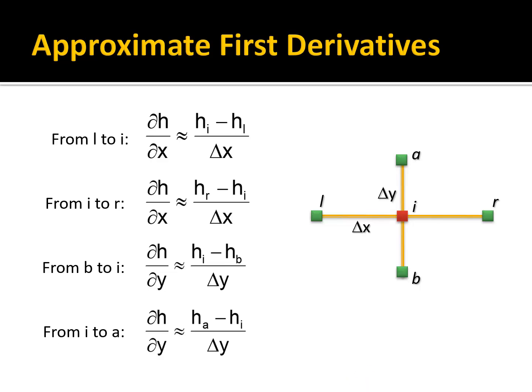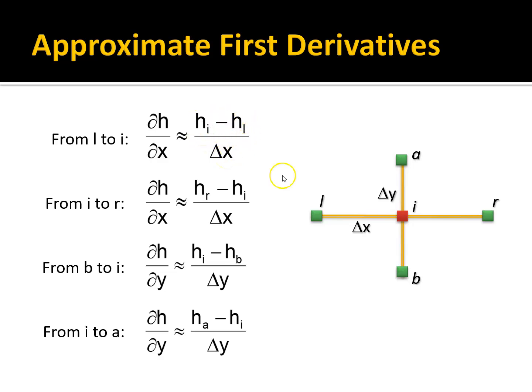We're going to assume that water is flowing from L to I and then from I to R, and from B to I and from I to A, so left to right and from bottom to top. If you approximate a derivative, the first derivative going from L to I is HI minus HL over delta x.